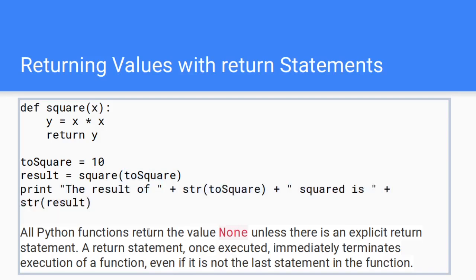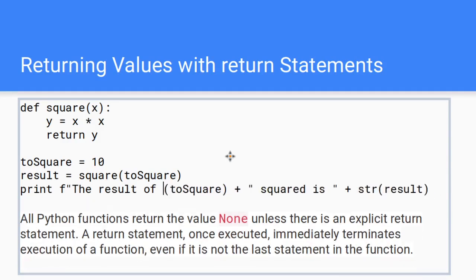All right, so as we learned before, we can use f strings. Maybe we can clean this up a little bit. So the result of, let's convert 2 square to a string.